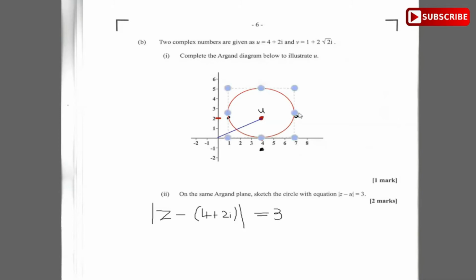Yeah, that should be fine. So we made sure the radius is 3. This will be the circle modulus of z minus u equals 3. The locus is a circle with radius 3, with the center being (4, 2), which is u. All right, so that's what we have. Nice and easy.